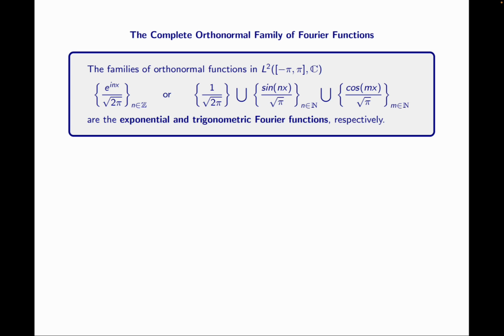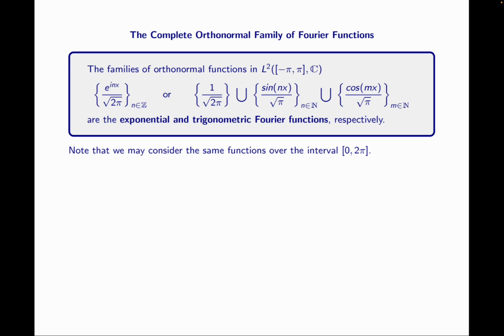Or we have the union of the normalized constant function, that's 1 over square root of 2 pi, the normalized sine of nx function, and the normalized cosine of mx function. Here, n, the index for sine, and m, the index for cosine, are natural numbers, so they range from 1 to infinity. These are known as the exponential and trigonometric Fourier functions, respectively.